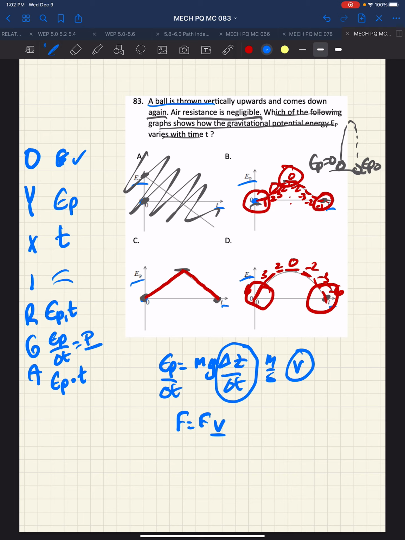So from two lines of evidence, there's something about the velocity. So when is the velocity going to be the greatest? Well, since the velocity is directly related to the rate of change of energy, choice C says the velocity stays the same the entire time. Well, that can't be true when we throw something up and down, so choice C is out.